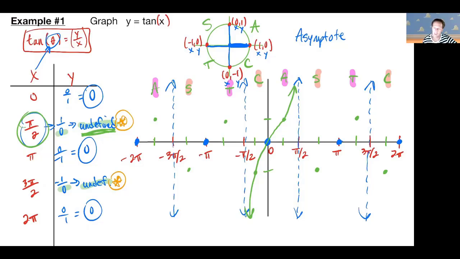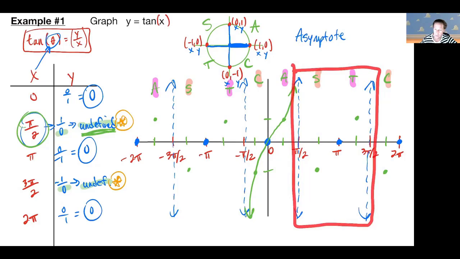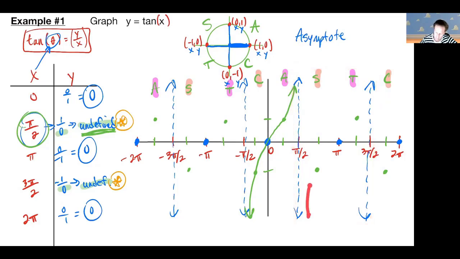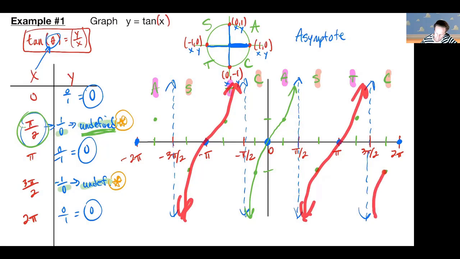And if you notice, if I go to the very next set of asymptotes, it looks the exact same if I was to draw it in, doesn't it? And same thing with this one. Every single one of these, if I was to continue drawing it, would have that exact same look.